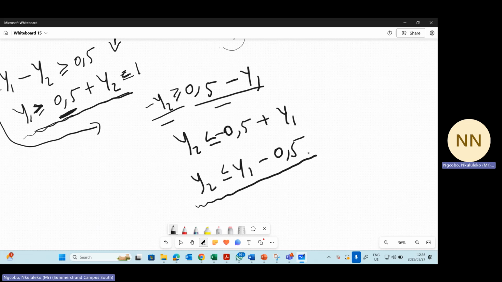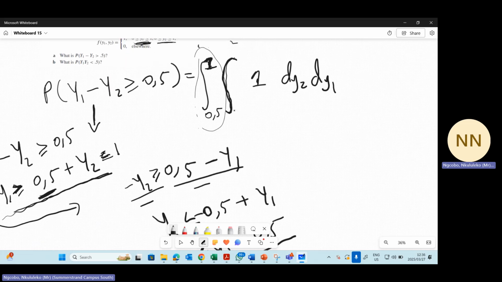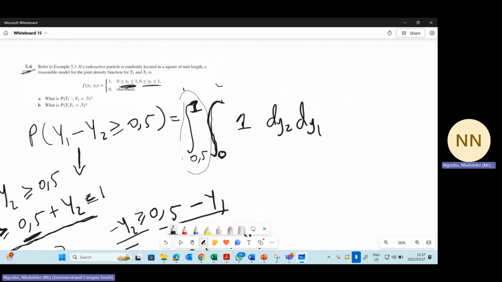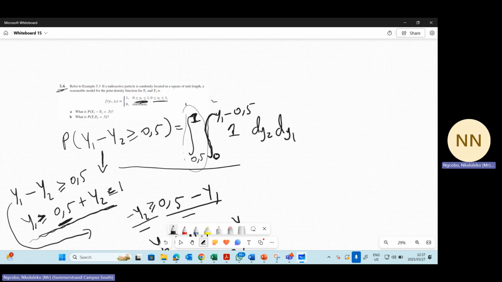So what does this tell us? It tells us that the interval of y2 starts from 0 because it's less than, and its endpoint is y1 minus 0.5. So this is how you solve this.